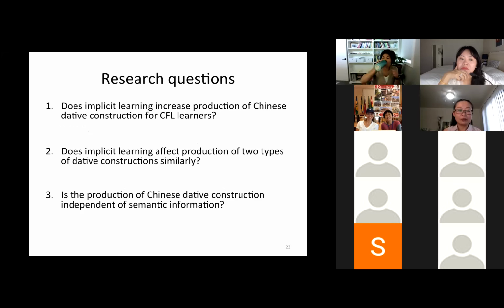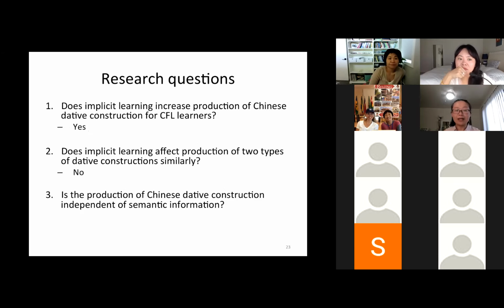Let's go back to the 3 research questions. The first: does implicit learning increase production of Chinese dative constructions for CFL learners? The answer is yes, because we found a PO structural priming effect. The second: does implicit learning affect production of the 2 types, PO and DO, similarly?